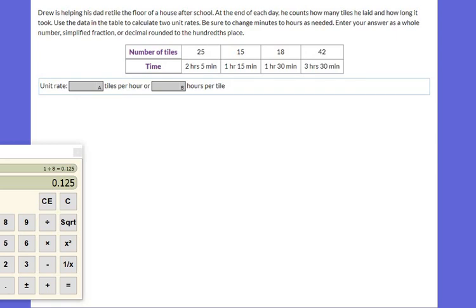Enter your answer as a whole number, simplified fraction, or decimal rounded to the nearest hundredths place. Alright, so we have a different amount of tiles here. And the first unit rate they want us to find is tiles per 1 hour.